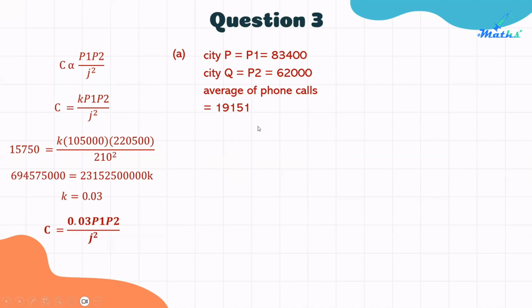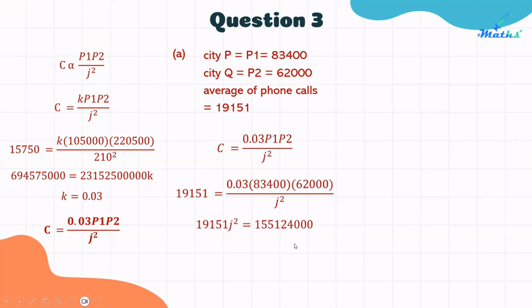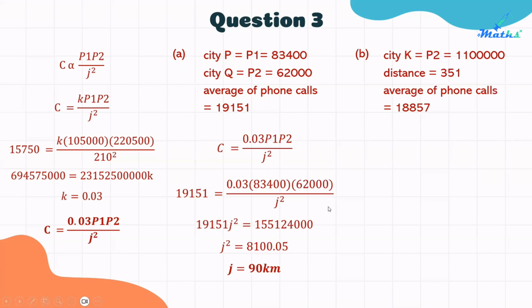And the average number of phone calls is 19,151. So we use this equation to find the distance. Okay. So our J, which is distance, will become 90 km.